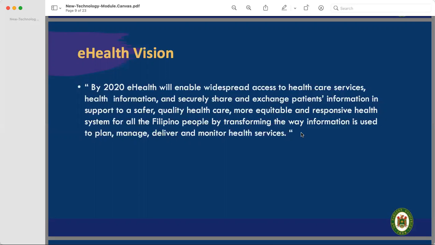But somehow we are able to come up with applications and electronic health records that can be accessible by the different institutions. So the patient information exchange system is in place in public health, actually.